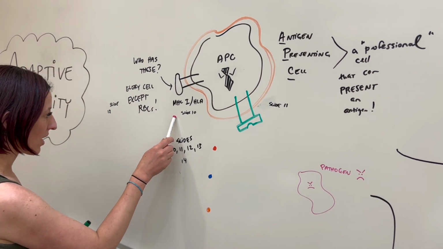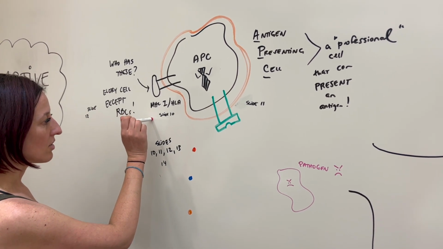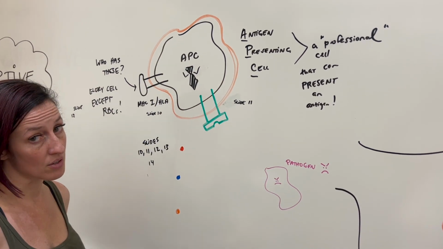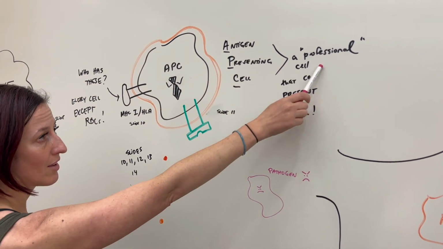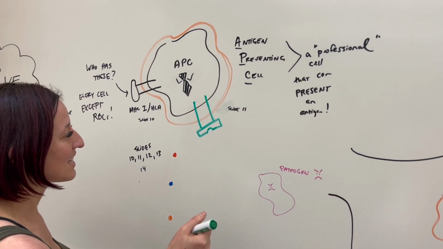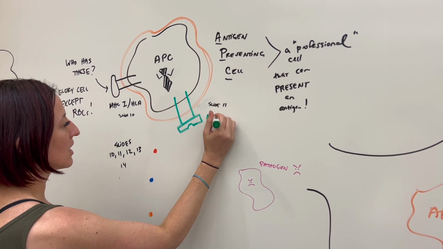So all cells have that, but these specific cells, APCs, are special because they're professionals and they've gone to school and got their license to be an APC. And so they have MHC2.